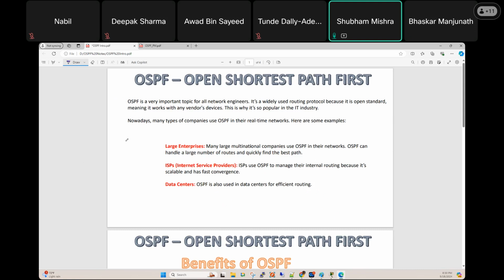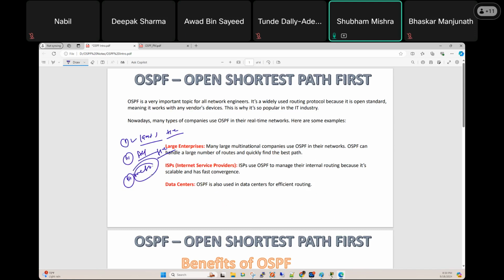For example, longest prefix: I told you in 99% of cases, you will see longest prefix is a tie. The second one is AD value. Here I use 5 routers, and on all 5 routers you are using OSPF. It means AD value is also the same, a tie. The last one is metric.